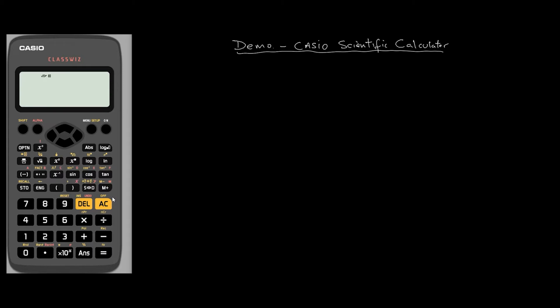Okay, and also we shall be looking at, what else should we be looking at? Possibly the logarithmic functions, or e to the x and log n, etc. We will also be looking at the setup area, whereby you can set your calculator into either degrees or radians mode.